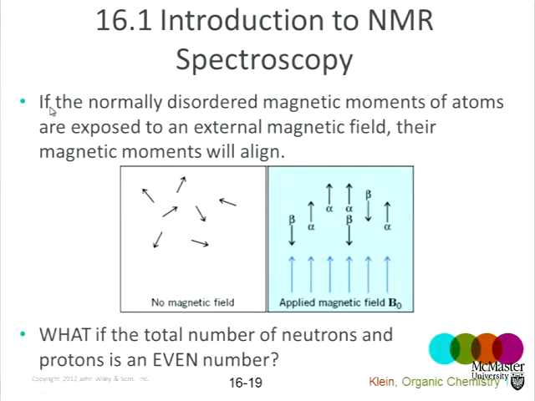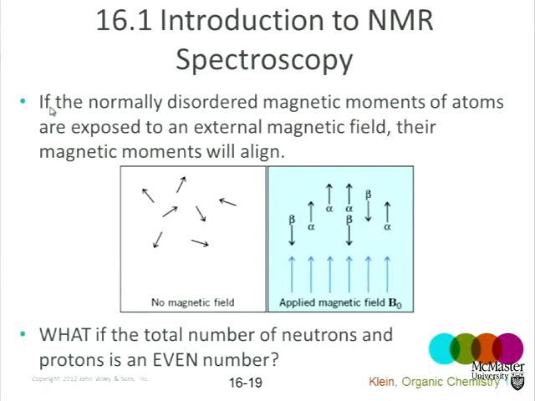But that gives us enough of a difference that we can observe absorption of energy as the nuclear spin states flip. So if I take this situation here and apply radio frequency energy in the radio frequency region of the electromagnetic spectrum, I can make the alpha spin states flip to beta, provided I provide exactly the right amount of energy to the system.